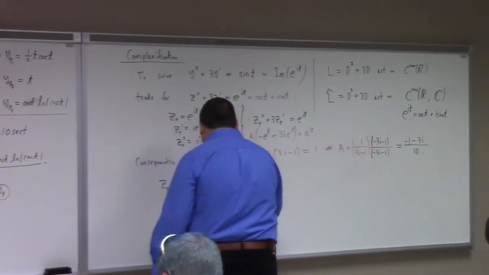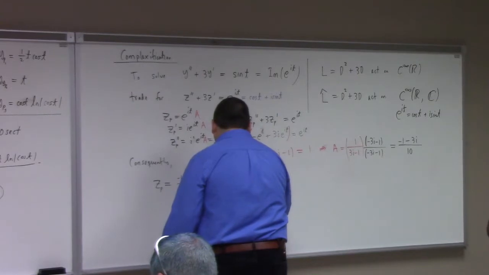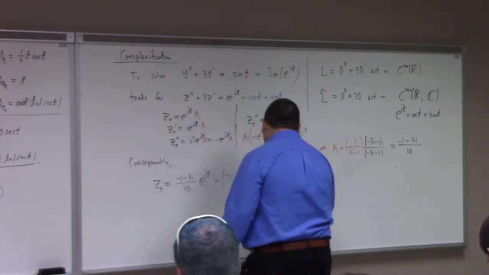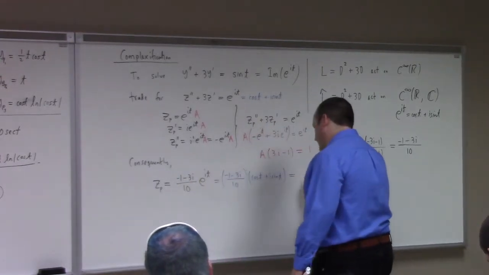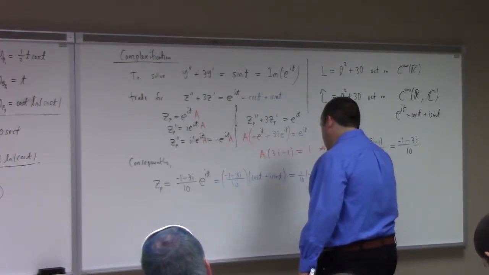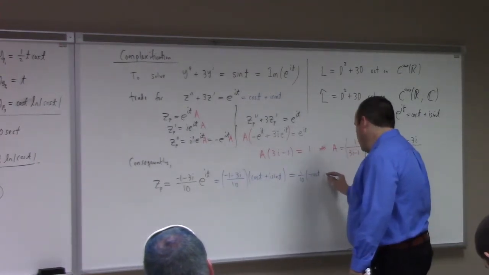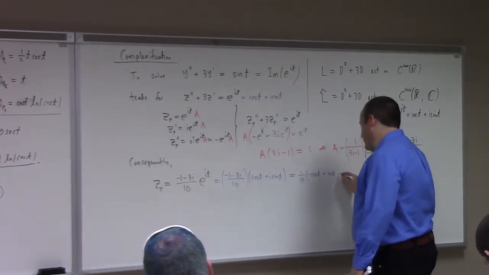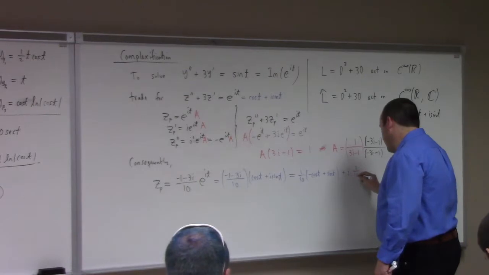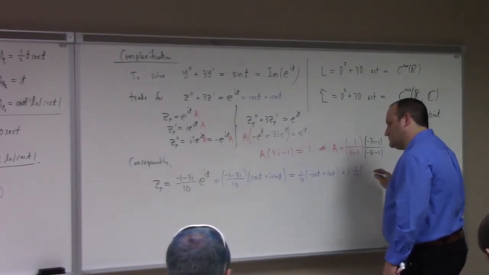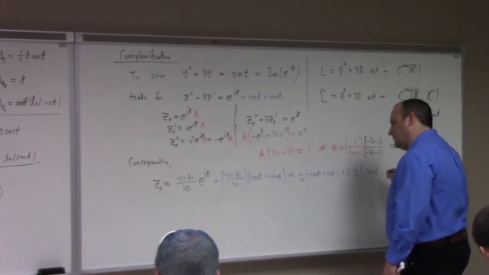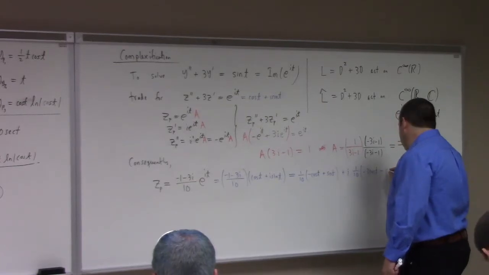So on the other hand, z_p is (minus 1 minus 3i) divided by 10 times (cosine t plus i sine t), which is what? So 1/10 of (minus cosine t plus sine t), because my i² is minus 1, but there's a minus 1 already present. And then I've got plus i times 1/10 of (minus 3 cosine t minus sine t).